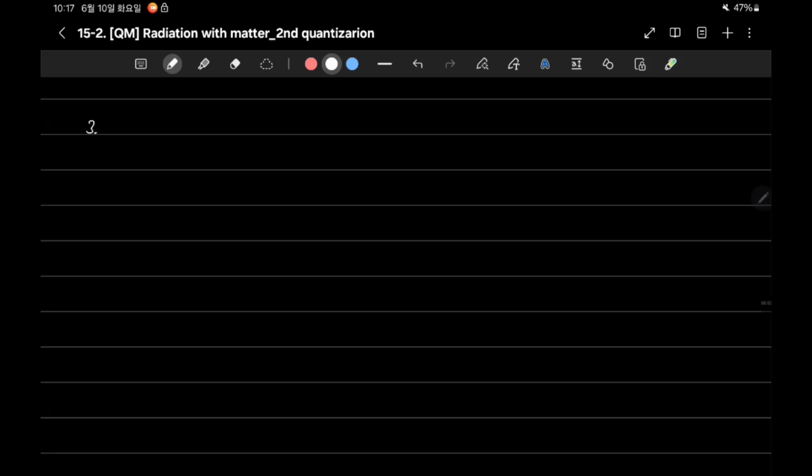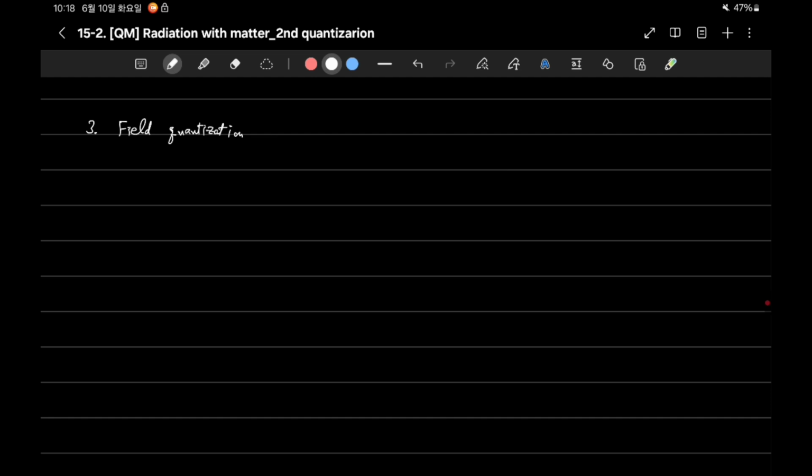And I will talk about field quantization. Field quantization has this Hamiltonian from the previous case, and we derived the interacting Hamiltonian.